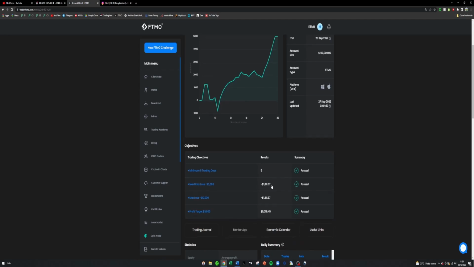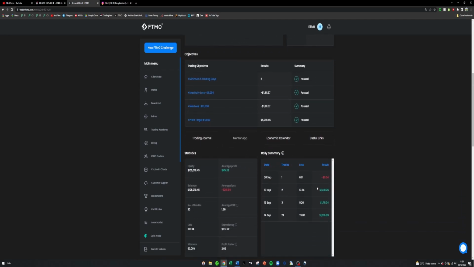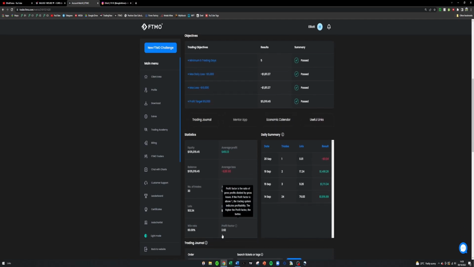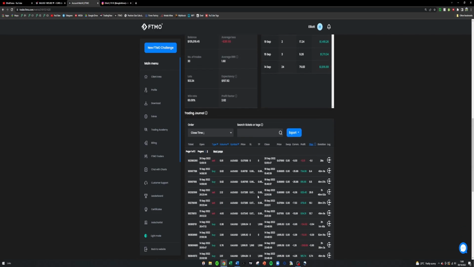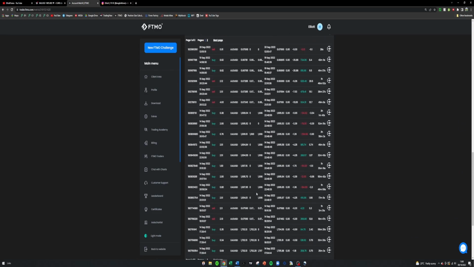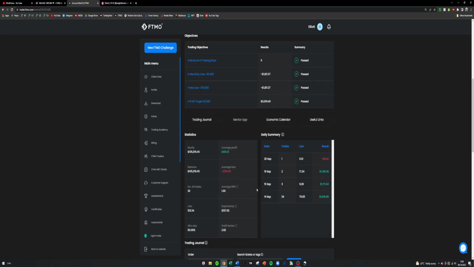Very minimal drawdown, 1.8%. These are the days, just to get the minimum days done, but quite profitable days. Good profit factor of 2.62, win rate 60%. Obviously average profits are higher, which is good. Those are the trades there, so that was a good one.